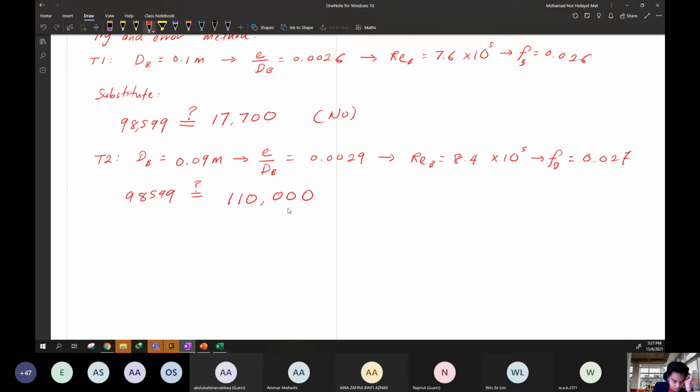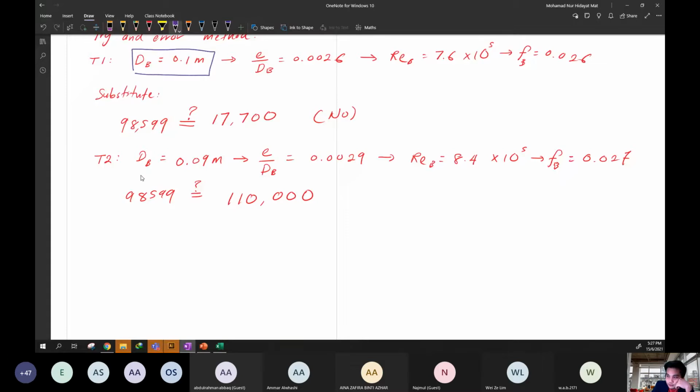Okay, so we see that with 0.1, upon substituting into the equation, the value is significantly different. It is quite different.